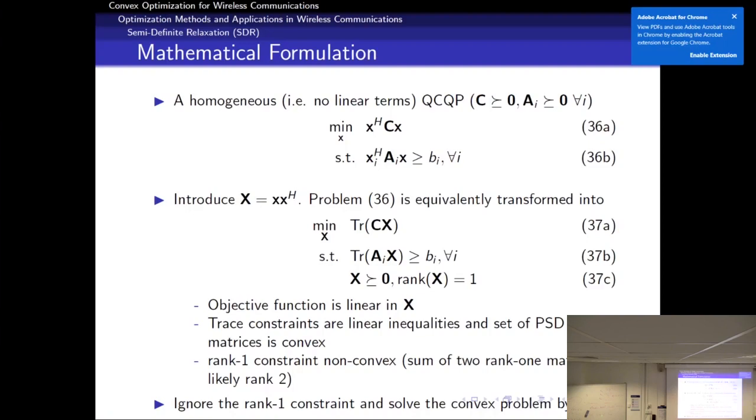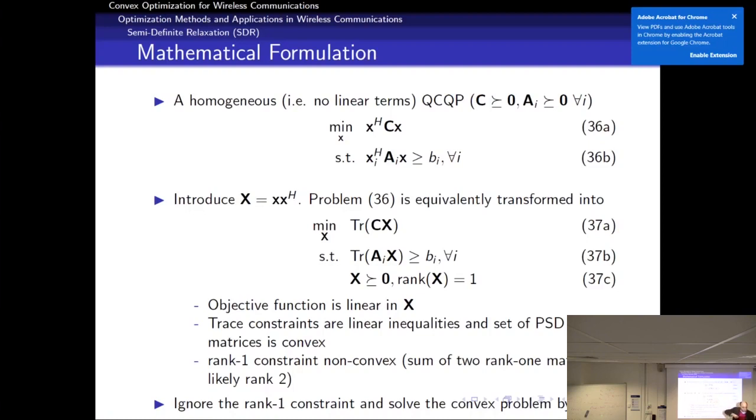So if I take the rank of X plus Y, well, even though X and Y are rank 1, the rank of X plus Y is not necessarily rank 1. That's the reason why this is a non-convex constraint. And so that's why the way you do that, you ignore this first. And then you see what you get.